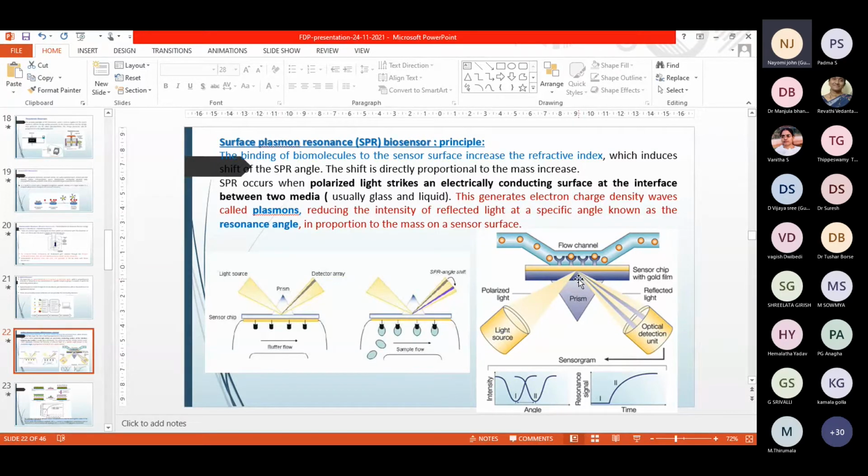They are electrical charge density waves, otherwise. This polarized light, when it hits the electrically conducting material at the interface of two different materials, for example here glass and the aqueous medium, generates very low density waves called plasmons. These plasmons change the angle of the polarized light.